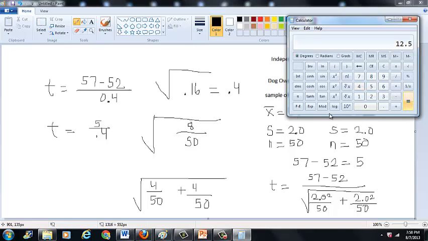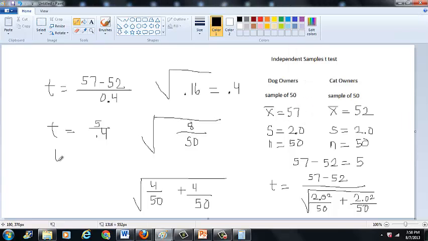Which is 12.5. That's the t-score of our entire data set. So once again, you'll have a curve of all of the possible combinations that could be selected, and it'll be above the t-scores, and there will actually be many, many combinations above.